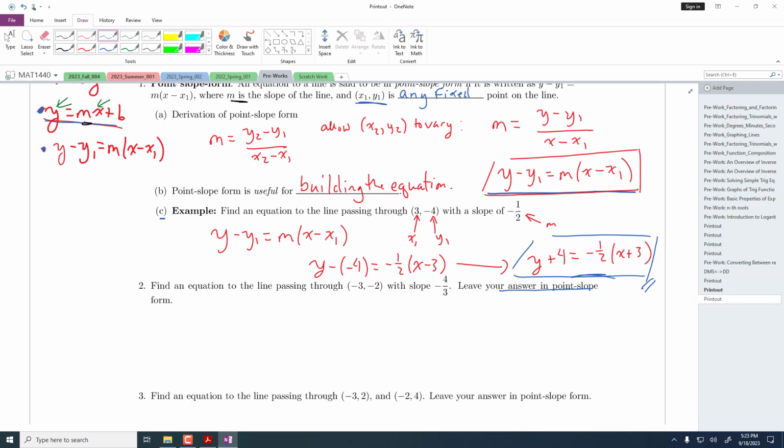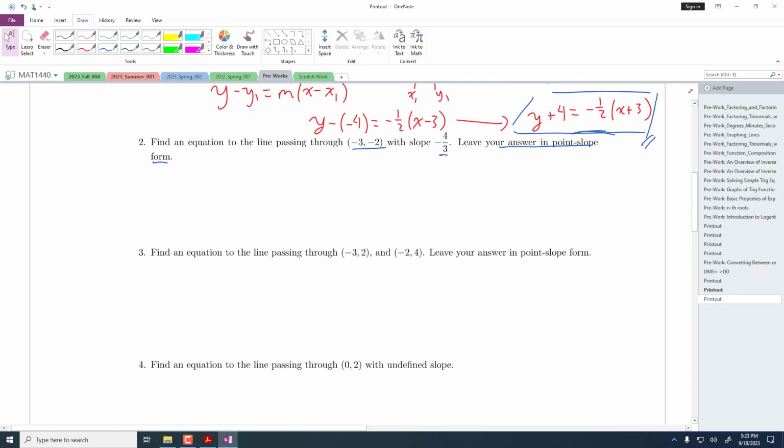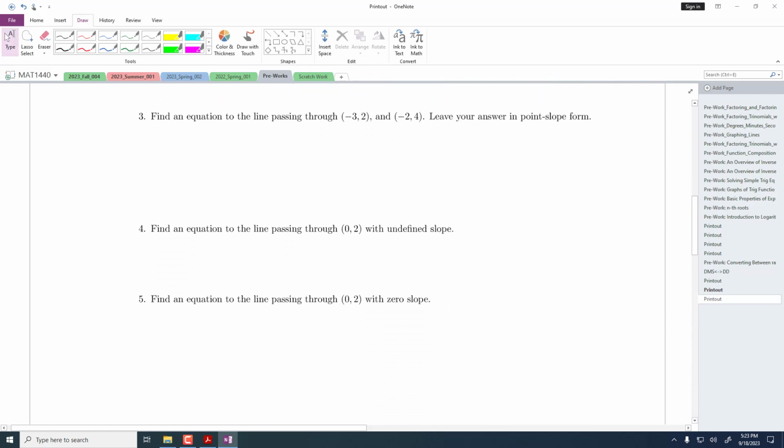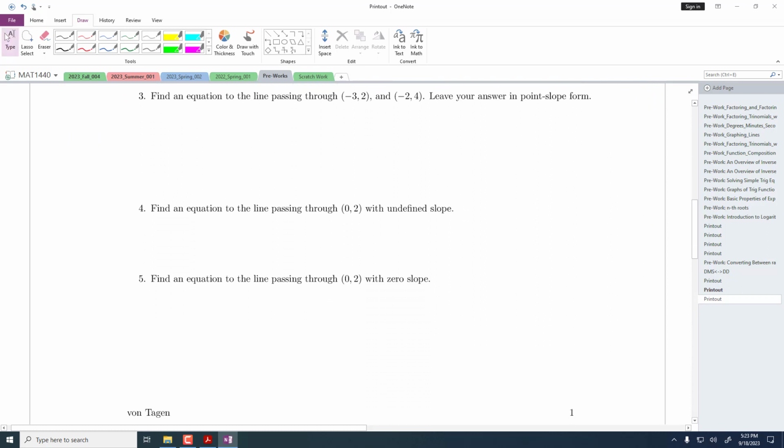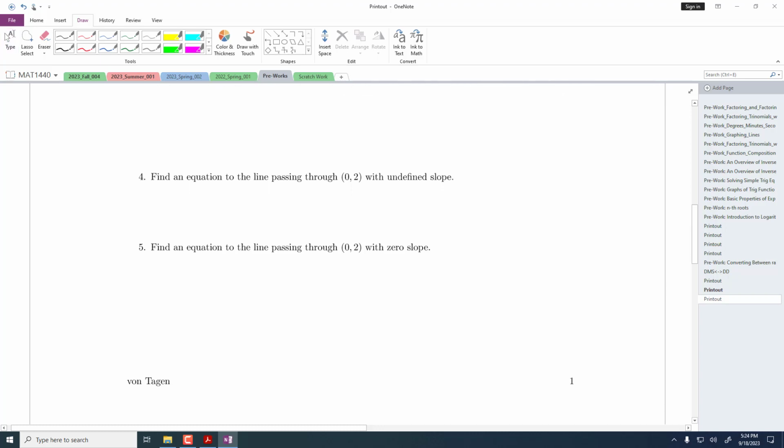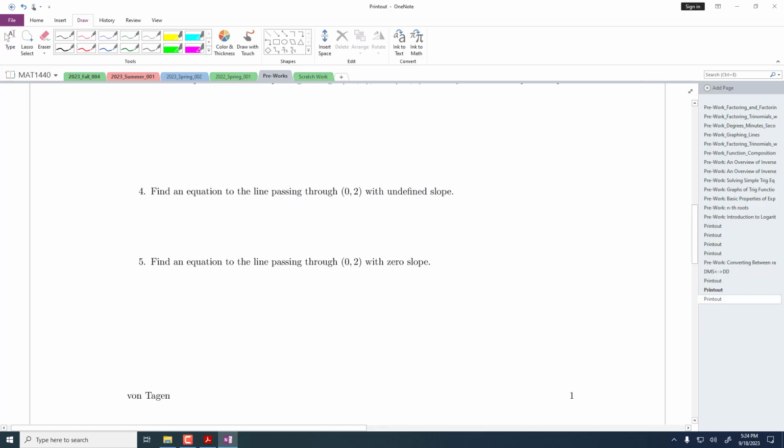So it's very important to me that you work these next few problems exactly like the one we did above, where I give you the ordered pair -3, -2, and I give you the slope, -4/3. And I'm asking you to leave your answer in point-slope form. So go ahead and give that a shot. And then I'd like you to also try questions 3, 4, and 5. The solutions will be available for you. Let me know if you have any questions.